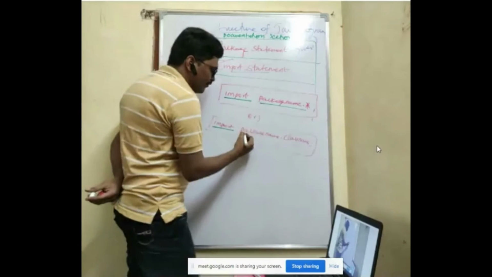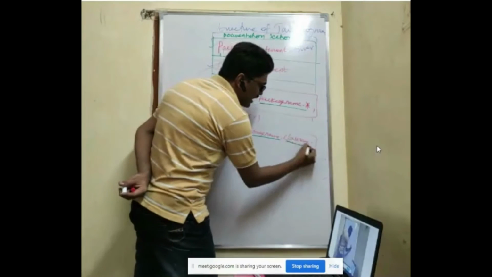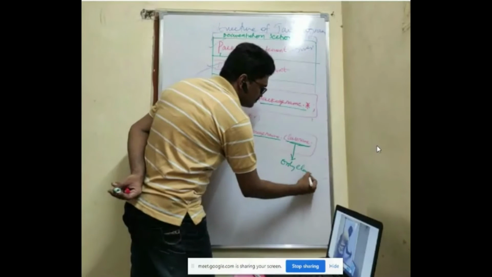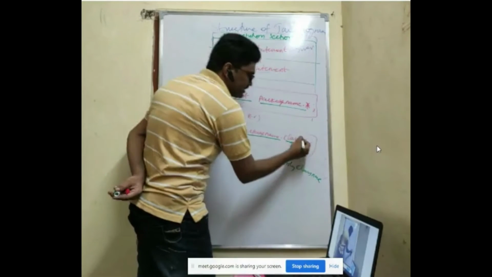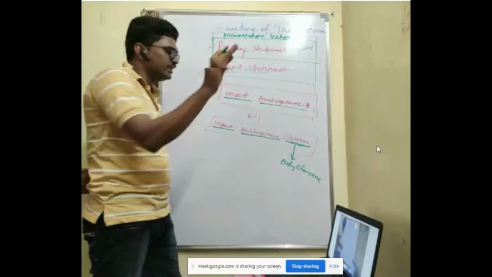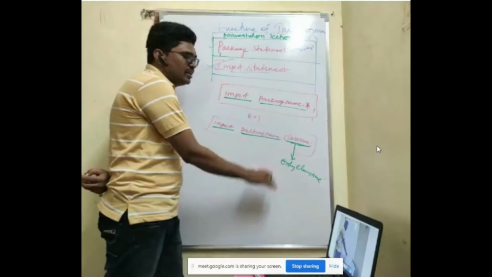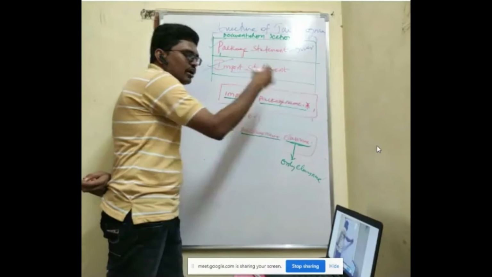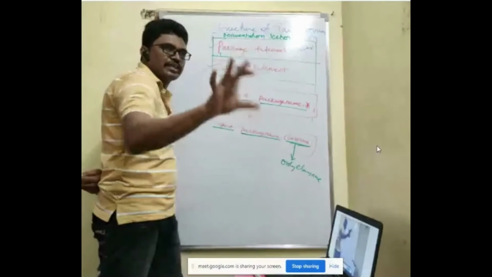If I give package name dot class name, only that class will be included in your program. It does not include all the classes. If you want to include all the classes, use dot star. If you want to include only a specific class, you can go with that.